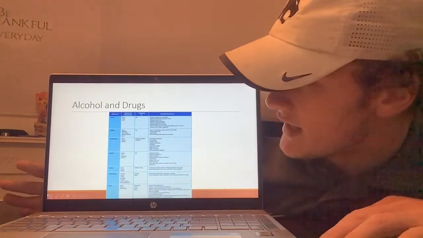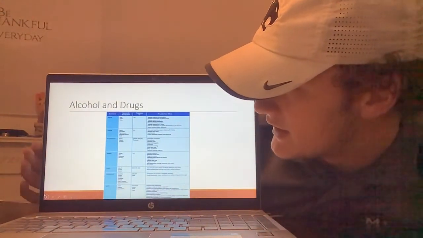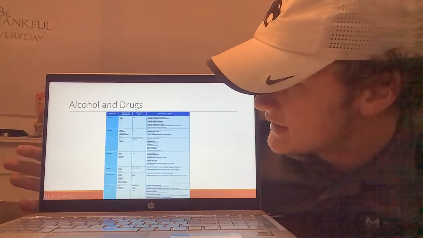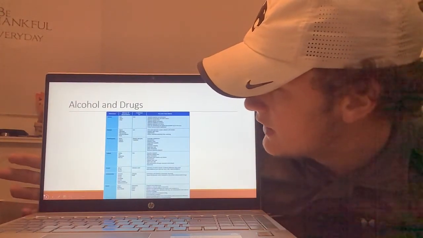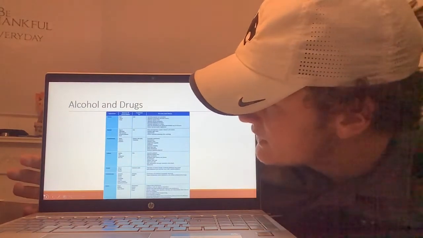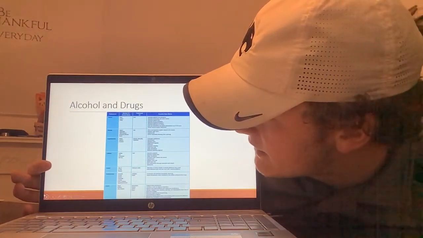These are the types of substances and their possible side effects. Alcohol, which you can get in beer or liquor: impaired judgment, reduced reaction time.